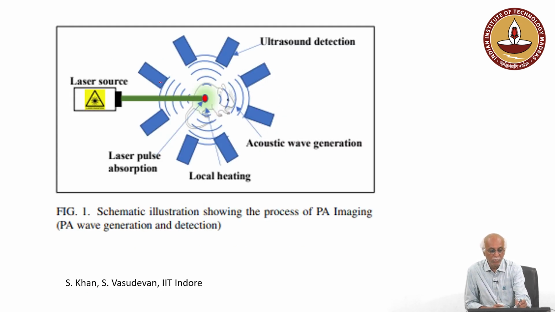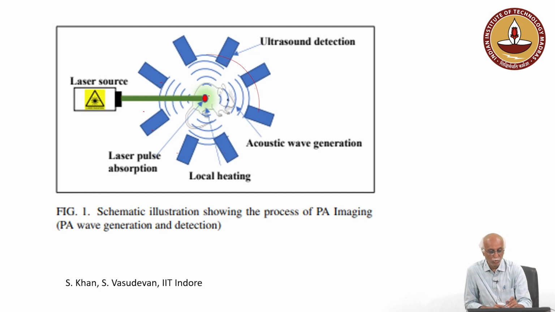Now if we put multiple such detectors, or move the detector in a circular or linear way, we will be able to capture the signal from different directions, acoustic signals or ultrasound waves which are generated due to the laser interacting with the tissue.